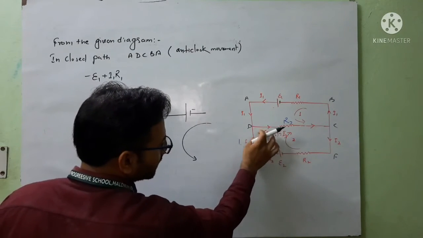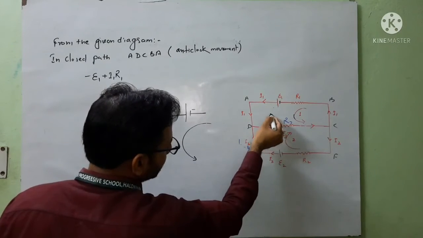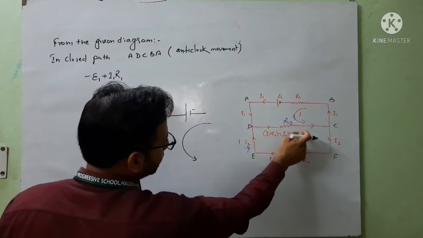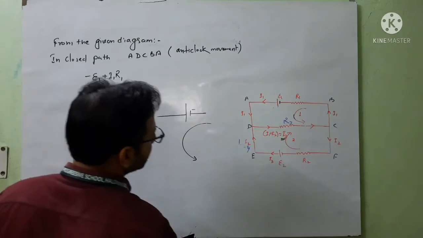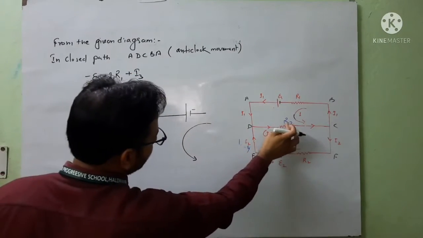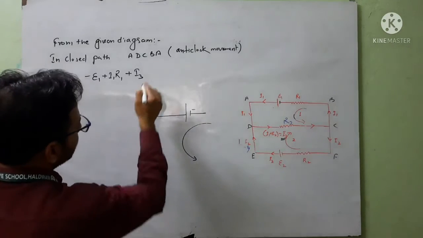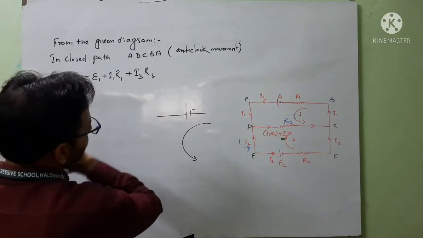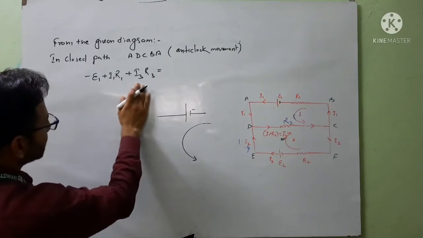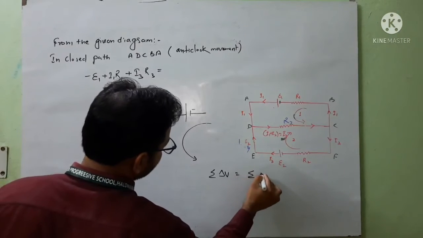Now we can see the arm DC, where the direction of movement, which is anti-clockwise, is the same as the direction of electric current, which is I3. So I can write plus I3 and the corresponding resistance, which we have here, R3. So I can write like this, equal to, this is the algebraic sum which we have done earlier.